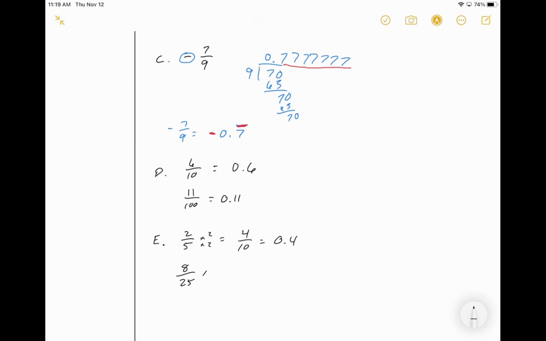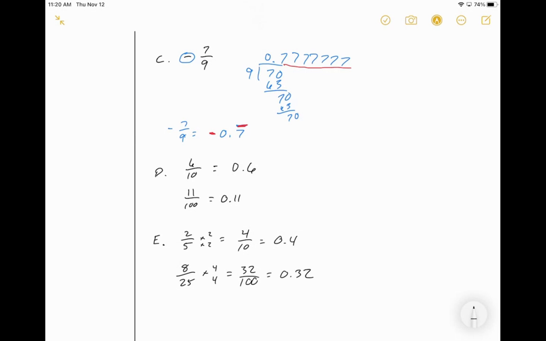All right. So let's do that. Good. Times 4, right? 25 times 4 is 100. 8 times 4 is 32. So that's simply 0.32. That's a lot easier than long division, isn't it? Right? So instead of long division, sometimes you can take shortcuts. Okay? Sometimes you can take these little shortcuts. And there are a few on the homework that are like that.